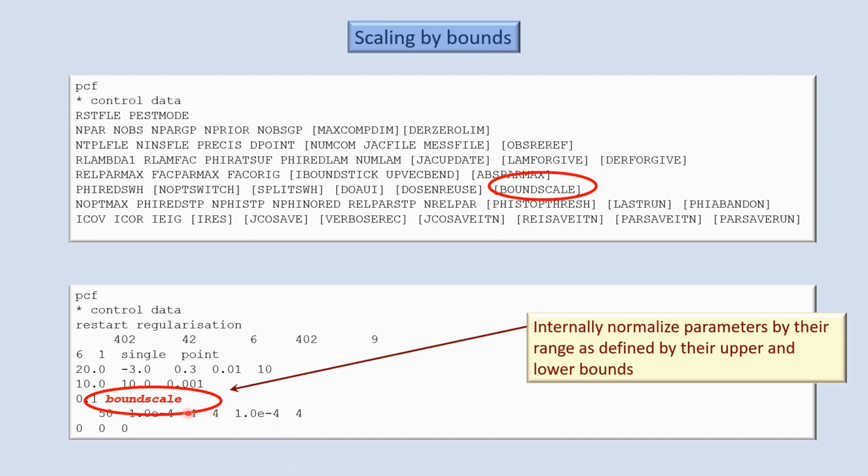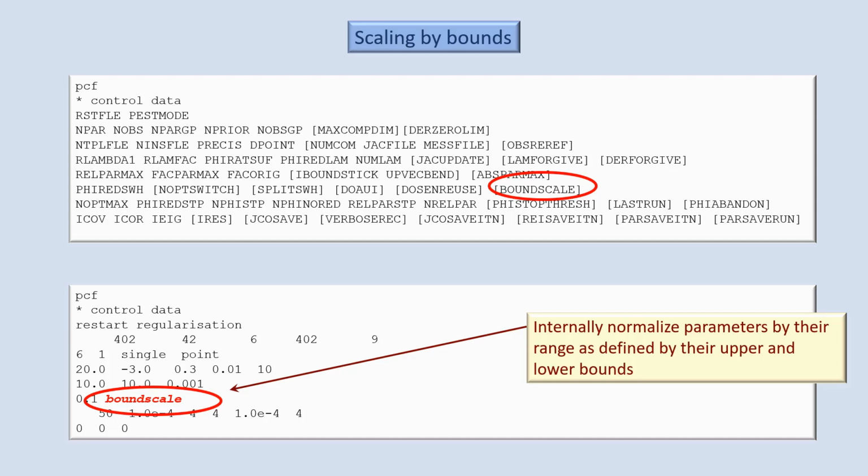If you set the bound scale variable to bound scale, then PEST will look at the upper and lower bound of each parameter and assume that this is equal to the prior variability of each parameter.